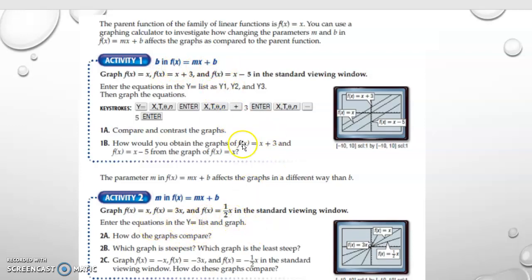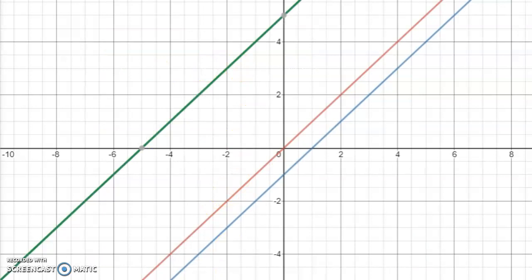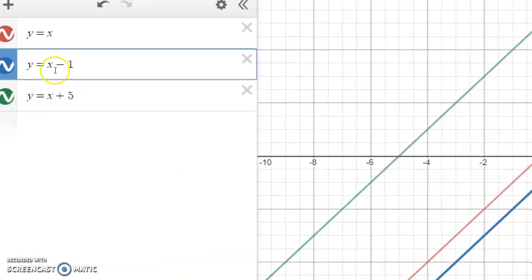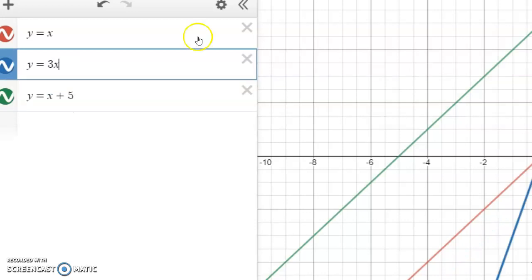Here's another one. What happens when you start putting something in front? 3x, 1/2 of x. Well, what happens with that is you end up changing the slope. How steep or flat it is. So instead of x minus 1, we're going to change the steepness to 3x.